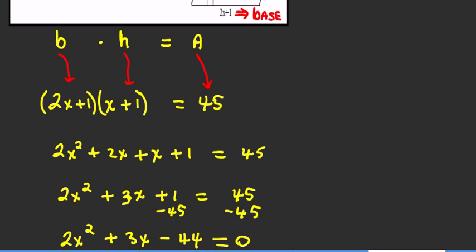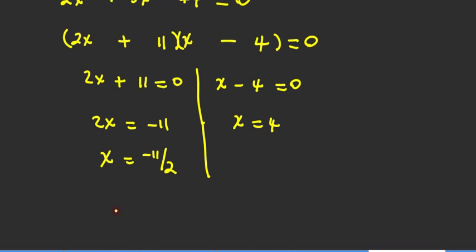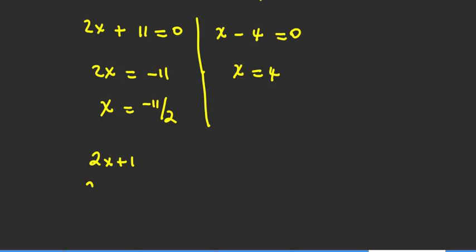Well, if we plug in a negative 11 halves into the base, so 2x plus 1 was the base, you're going to run into some trouble. You're going to get 2 times a negative 11 halves plus 1. The 2's will cancel, and you get a negative 11 plus 1, which is negative 10.